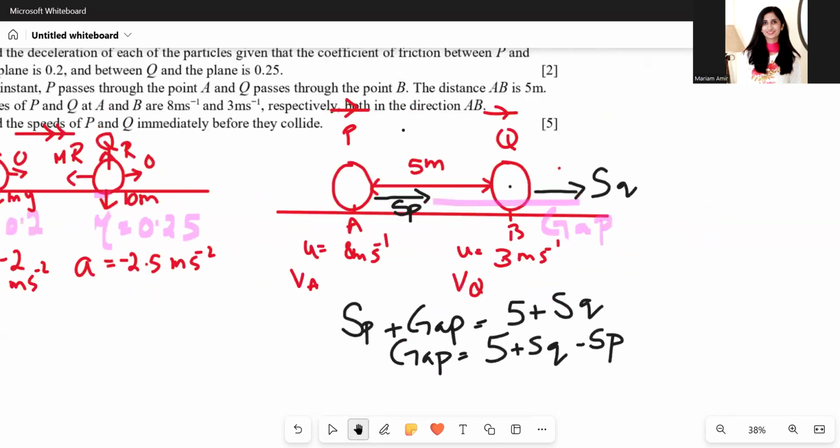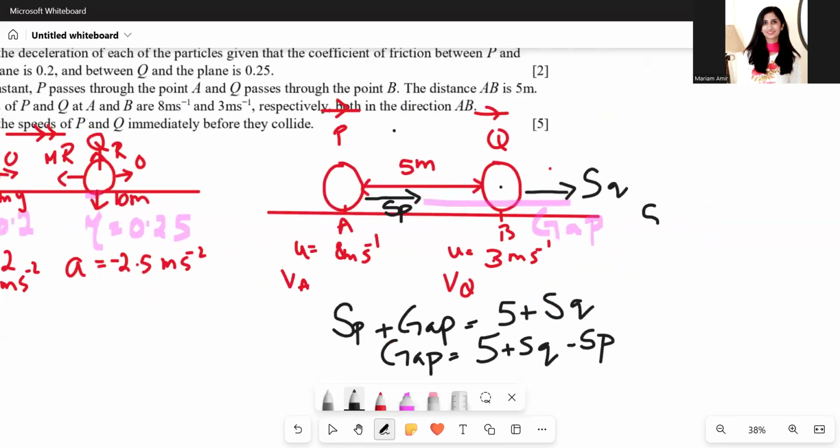Now, for the distances of P and Q we can use s equals ut plus half at squared for both particles.